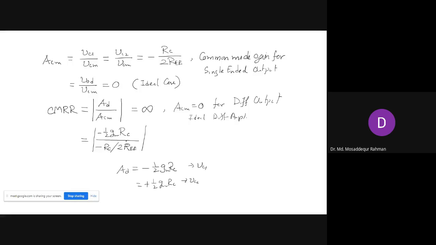Now taking the absolute, the RC and RC here will cancel out, right? And these two will cancel out. So what will we be left with? We will be left with GM RE. So that will be the common mode rejection ratio for, sorry, that's not differential.